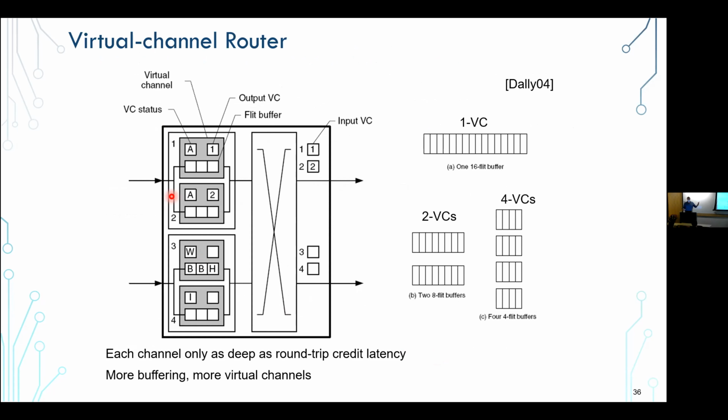They all have this virtual channel architecture because it gives you the most flexibility in increasing the throughput while minimizing latency and congestion. So let's say in this case we have two virtual channels per port, right? And then you have a switch here. And then we also have the channel buffer at the output.